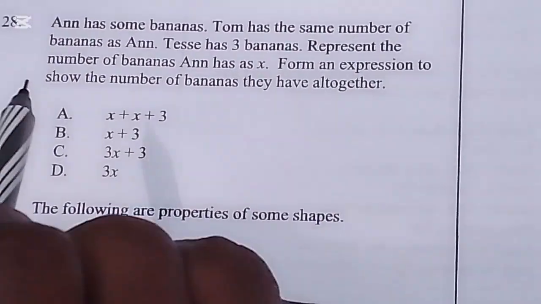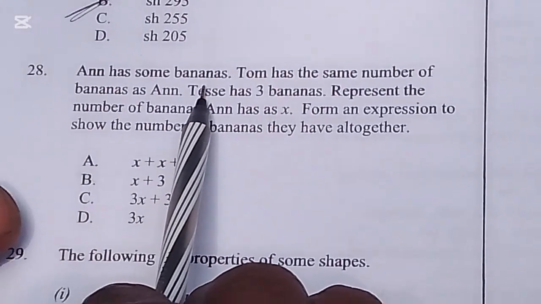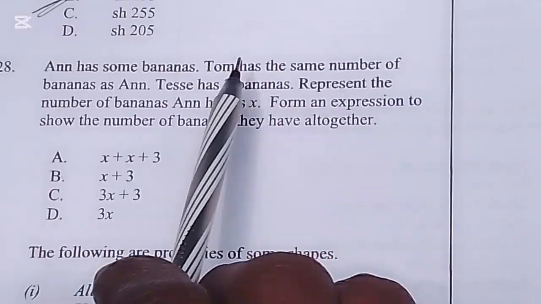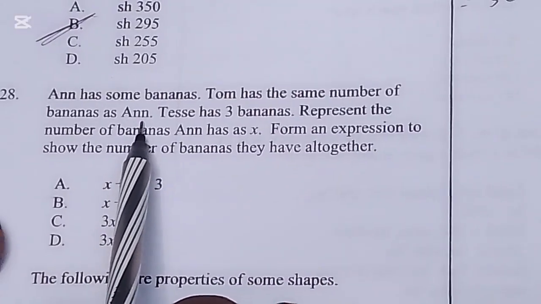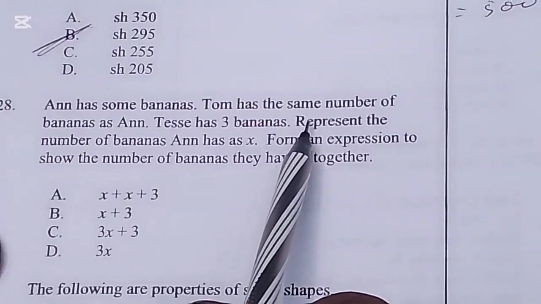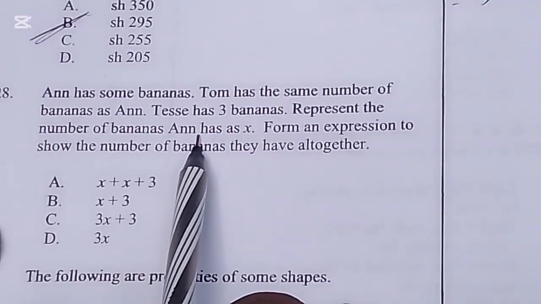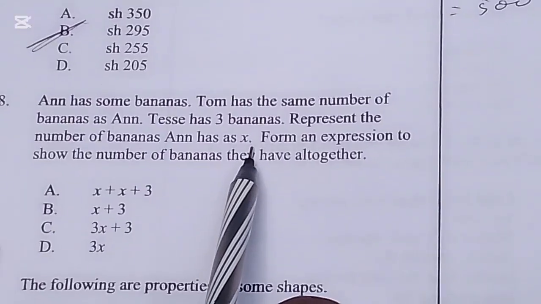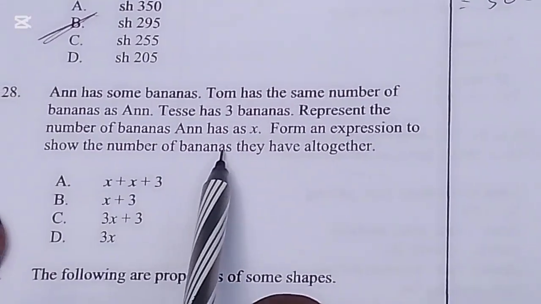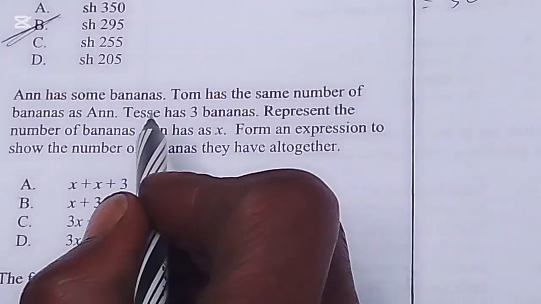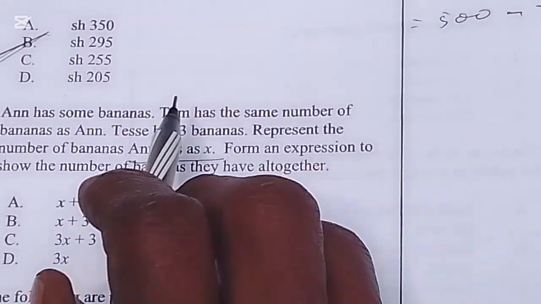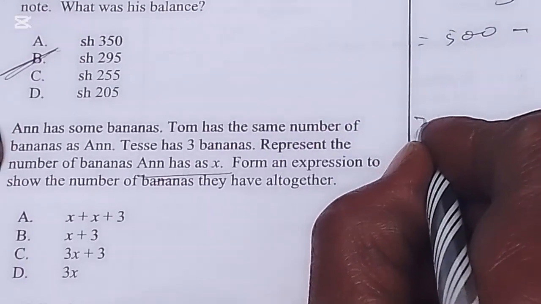28. Anne has some bananas. Tom has the same number of bananas as Anne. Kpsea has 3 bananas. Represent the number of bananas Anne has as x. Form an expression to show the number of bananas they have altogether. So Anne has some bananas, that is x.